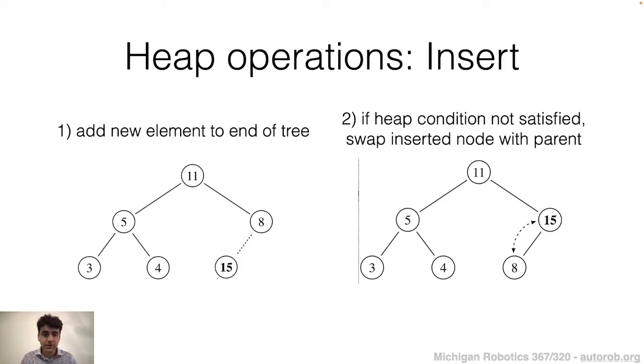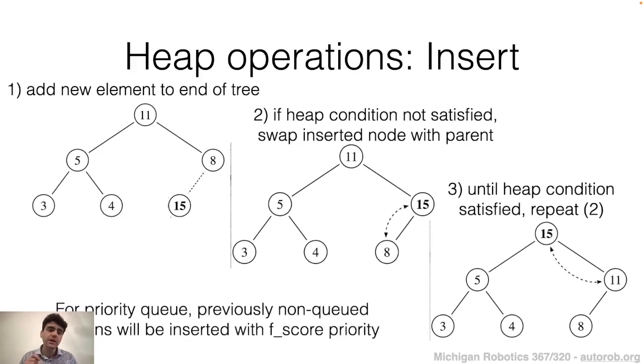So in this case, we did break the heap condition because 15 is greater than 8. In this case, it's a max heap, so the max heap condition should be satisfied, but it's not. So we swap 8 with 15. So we swap 8 with the newly inserted element. All right. The process then repeats. So until the heap condition is satisfied, you continually swap the inserted element with its parent.